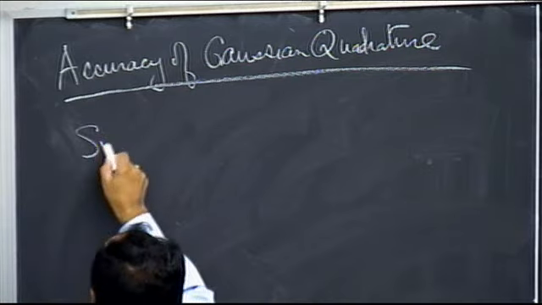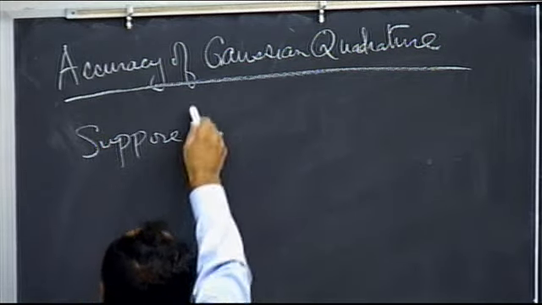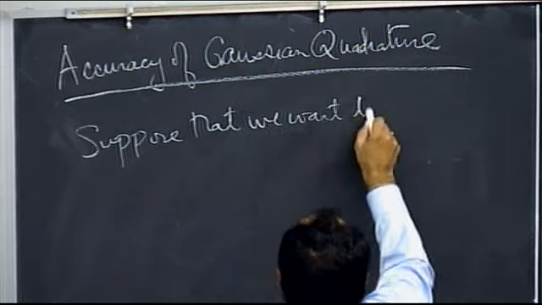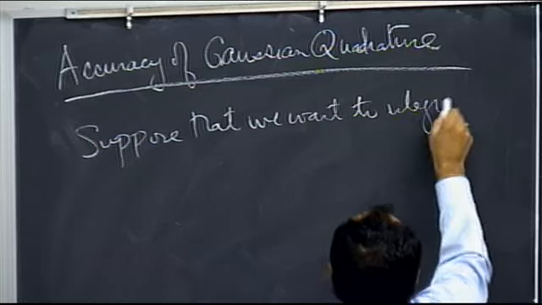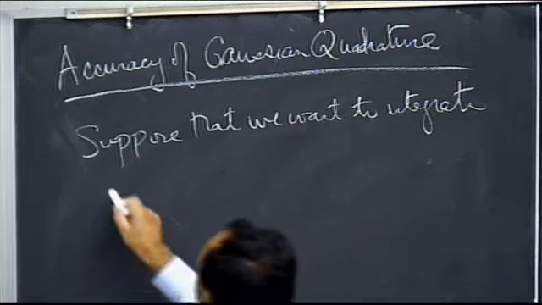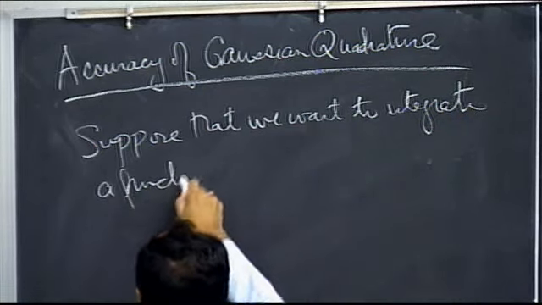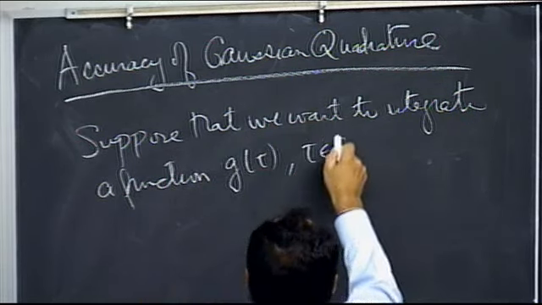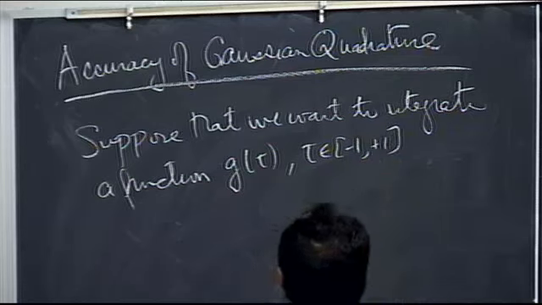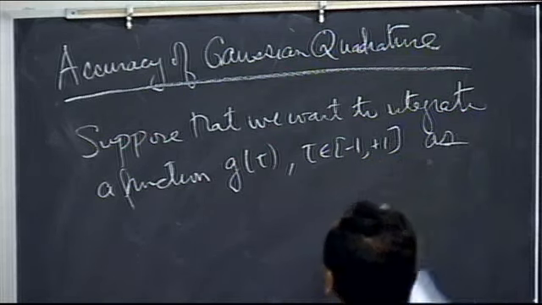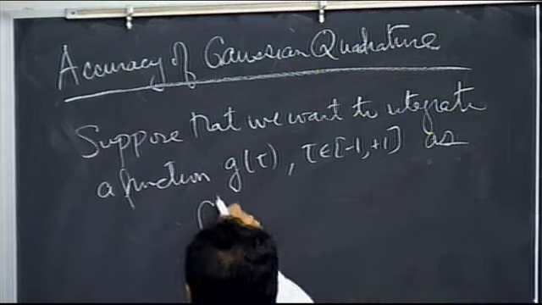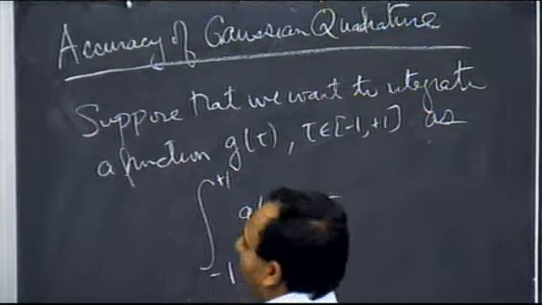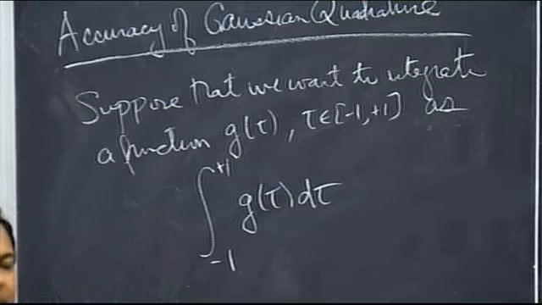Suppose that we want to integrate a function g of tau, where tau is on -1 to +1, as the integral from -1 to +1 g of tau d tau. Okay? But we're going to do this by approximation.